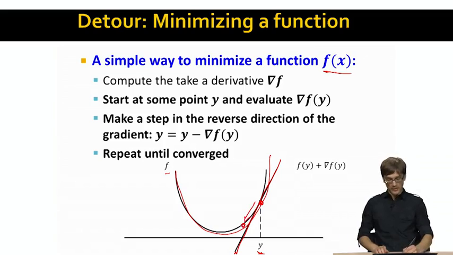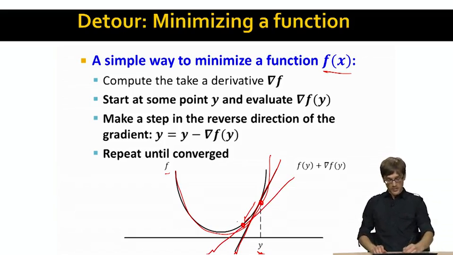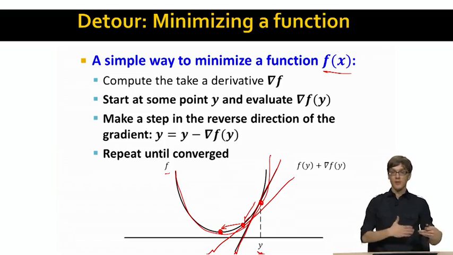And that would get me closer to the minimum. In the next step, I would reevaluate the gradient, see what the slope would be, and again make a small step in the reverse direction of the gradient, and I would keep doing this until I get stuck, until I reach the minimum of the function.